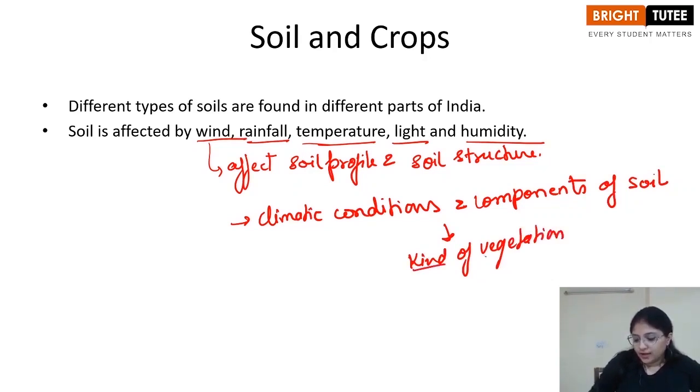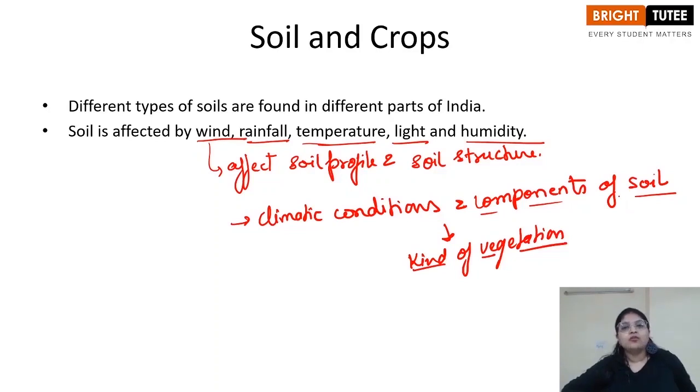Whether the area is cold, whether the area is dry, and then what are the different components of the soil, whether the soil is clay, whether it is loamy, or whether it is a mixture of clay and loamy soil, and so many different things are the factors which influence the kind of vegetation that you might find in any region, right? So now let's see what kind of crops grow in different kinds of soil.